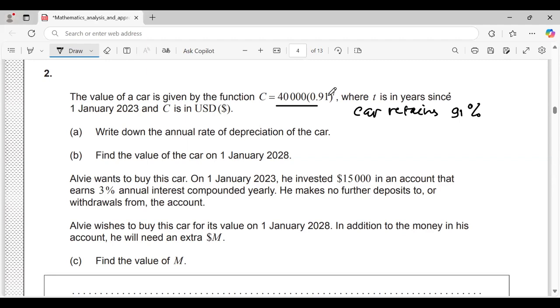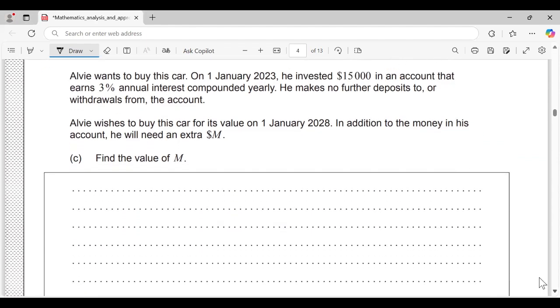So the car retains 91% every year, because 0.91 is 91%.